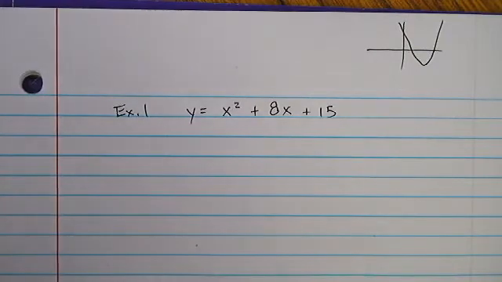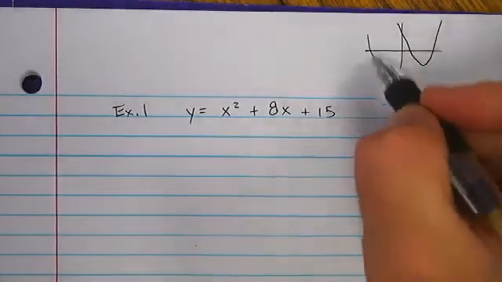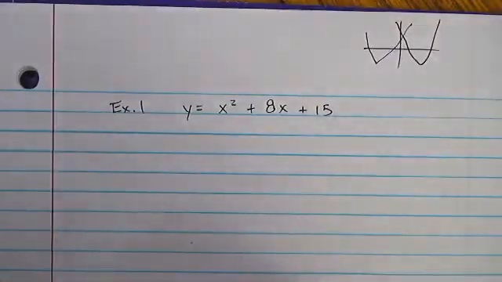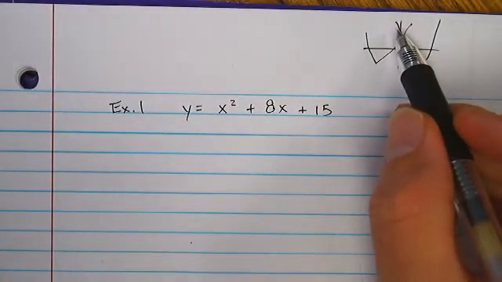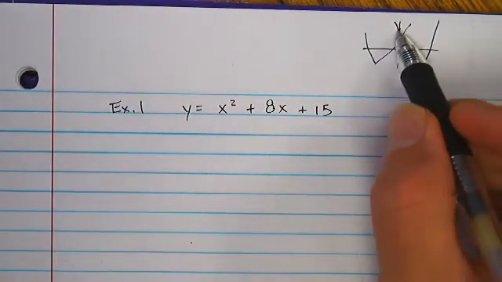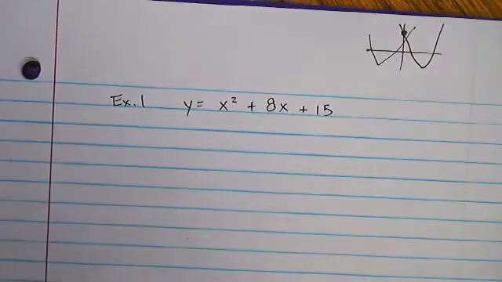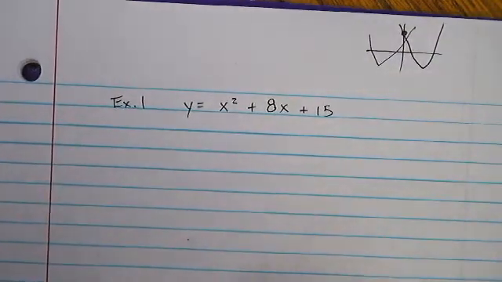Maybe I'm completely wrong. Maybe it's over here and it goes like that. I don't know. But I do know it opens up, and it's got a y-intercept right there at 15.